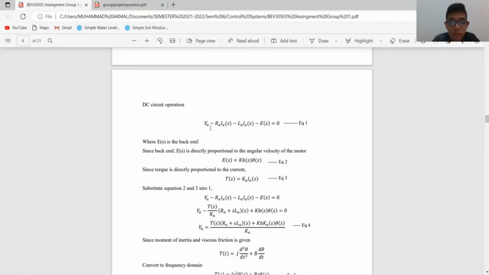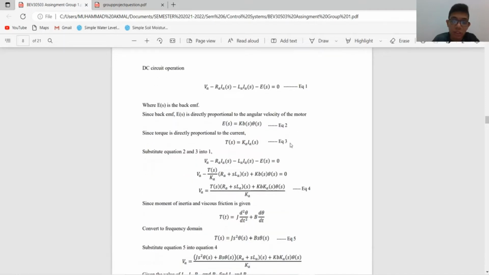So we get here VA minus RA IA(s) minus LA s IA(s) minus E(s) is equal to 0 for equation number 1. We know that E is directly proportional to the angular velocity of the motor, so E is equal to KB times s theta(s). Since torque is directly proportional to the current, we get T is equal to KA IA.